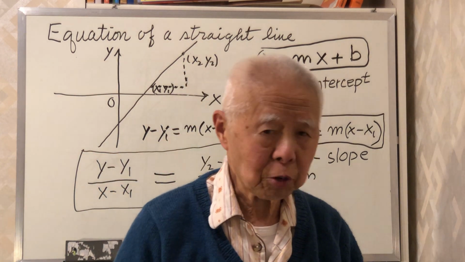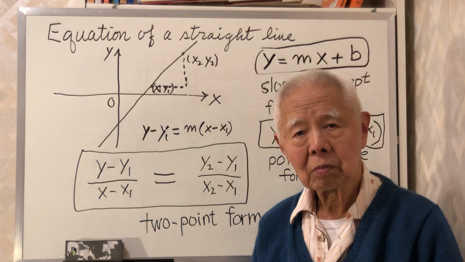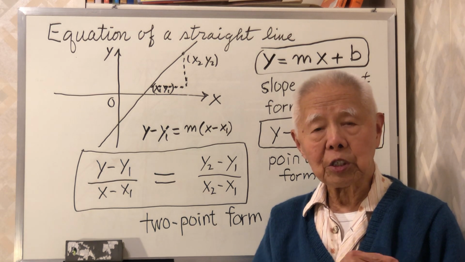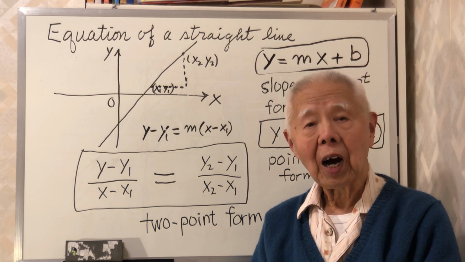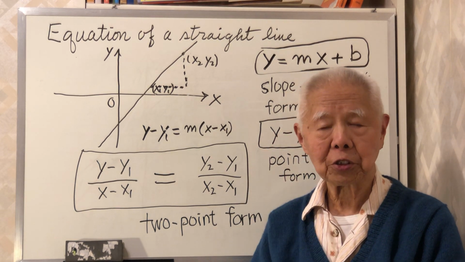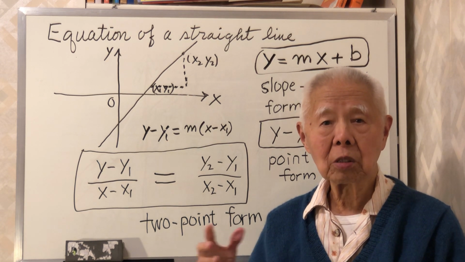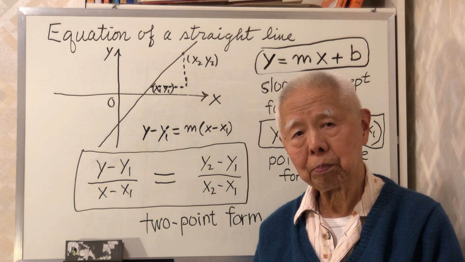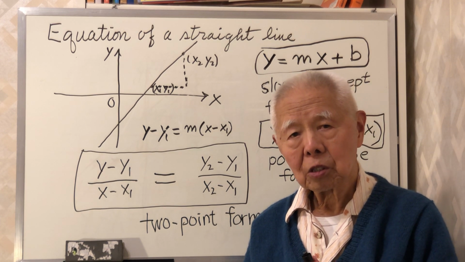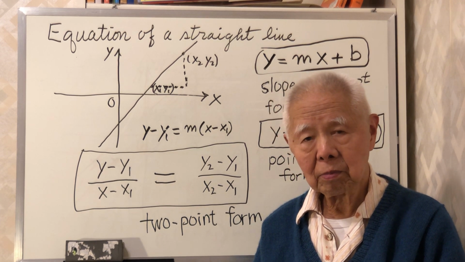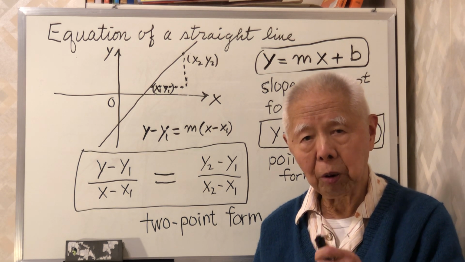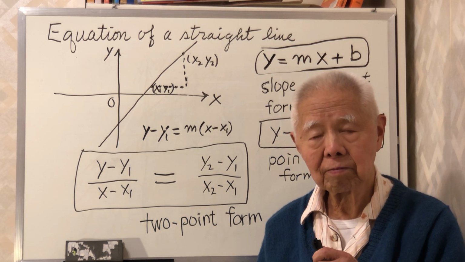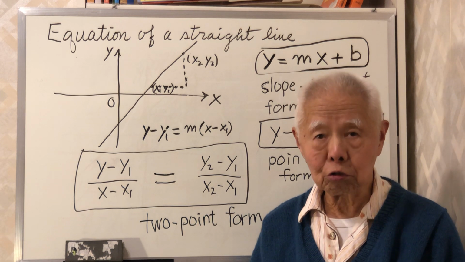So let's make a summary now. To write the equation of a straight line, I have 3 formulas, depending on what information is given: slope-intercept form, point-slope form, and 2-point form.